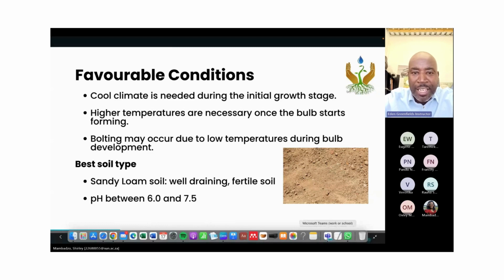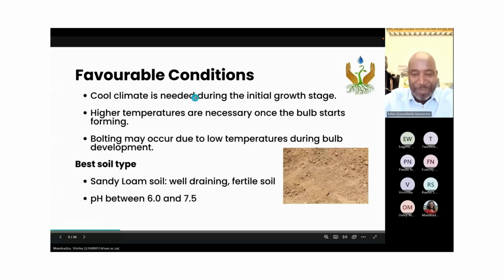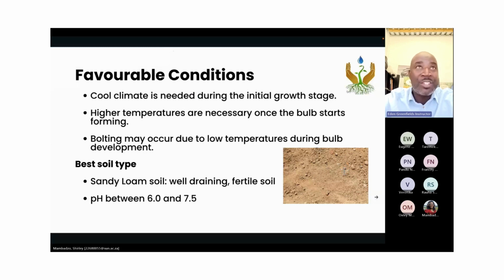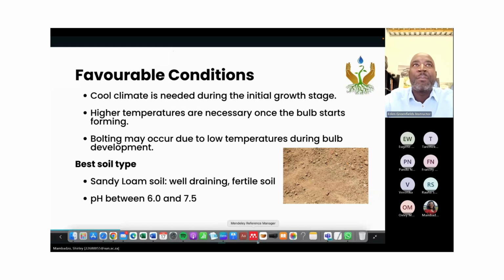I don't see anyone raising their hands. Does it mean we are all going to be first-time onion growers? All right, so if there's no one, I guess that means we are all here to learn. So let's go ahead and discuss.